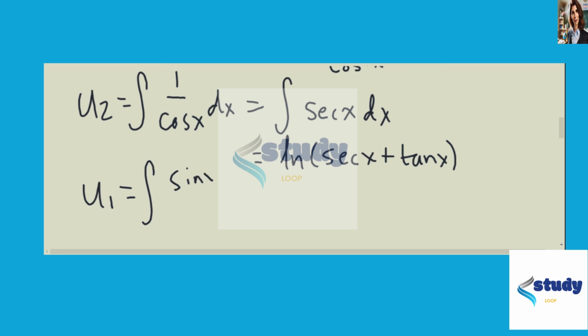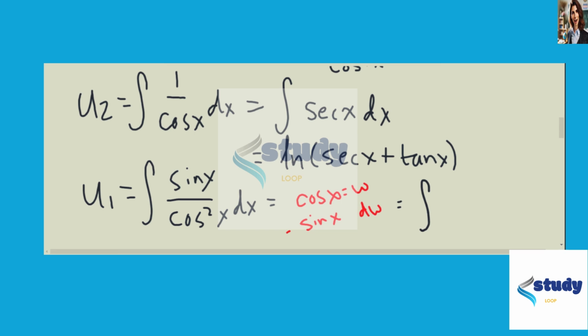I'm going to do the same thing for u1: negative sine of x over cosine squared of x. If you do a substitution, where we'll just say cosine of x is equal to w, then, of course, negative sine of x becomes dw.